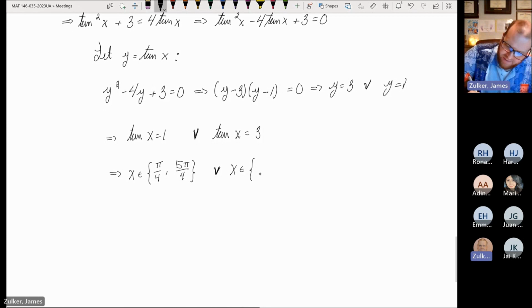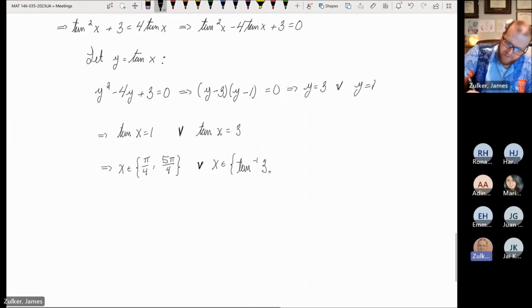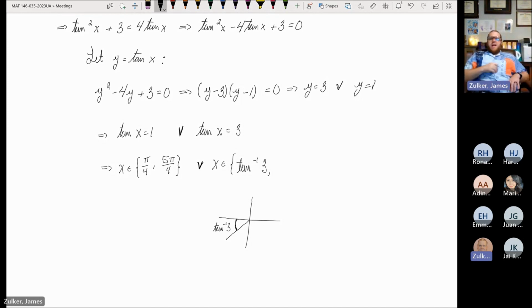So if we take the inverse tangent of 3, that puts us in quadrant 1, right? So that angle has to be the inverse tangent of 3.